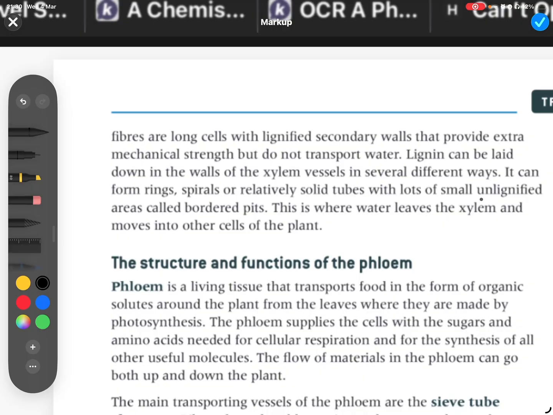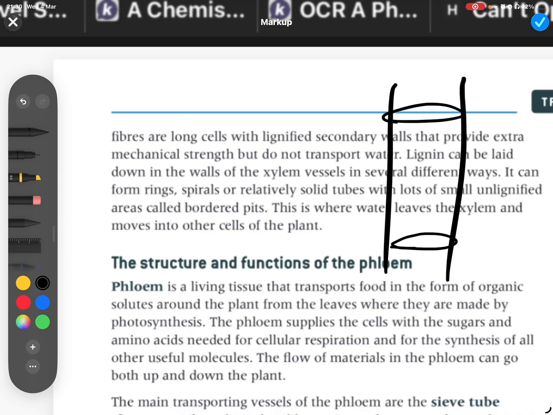However, with lots of small unlignified areas, no lignin, called bordered pits, you have the xylem, maybe a ring, and then another ring, and then you've got this area here with no lignin.